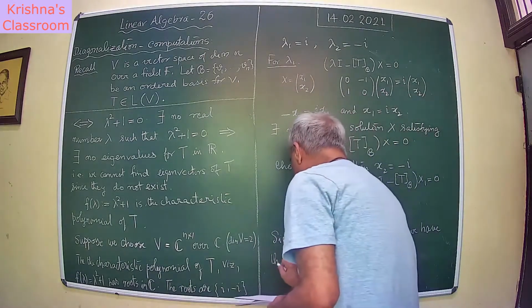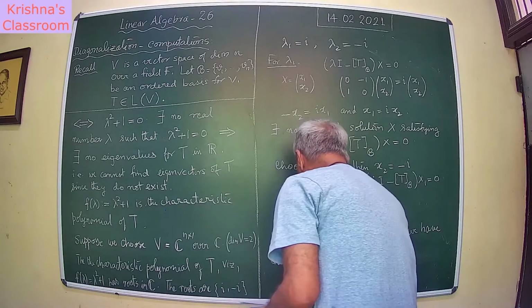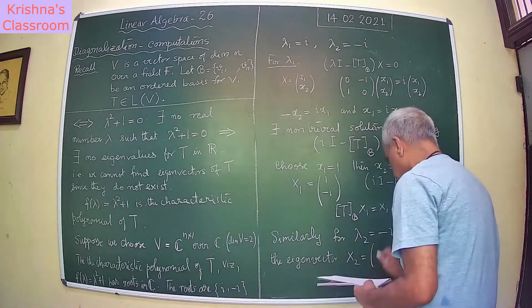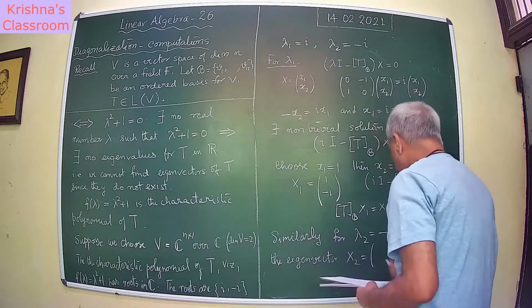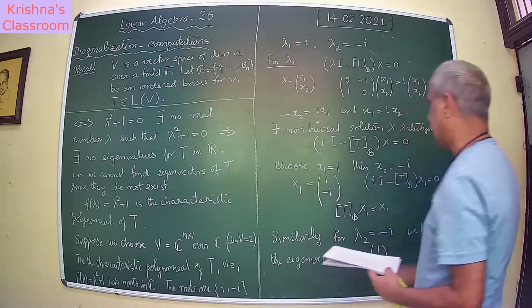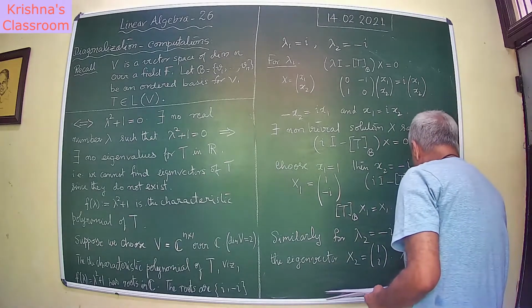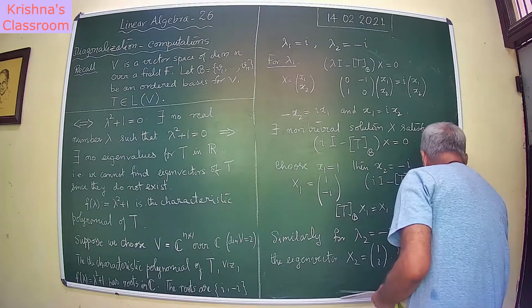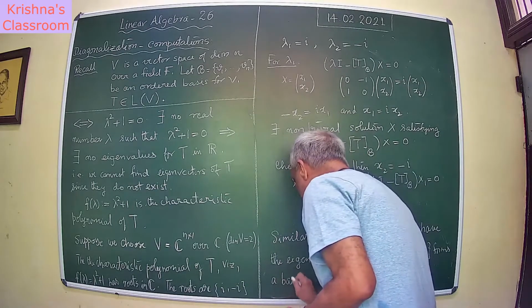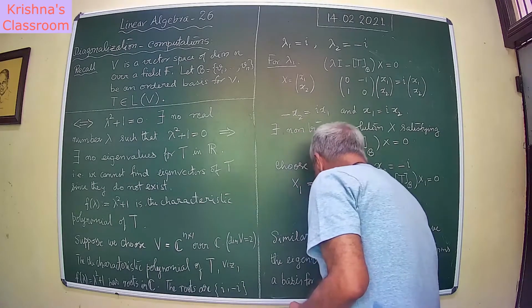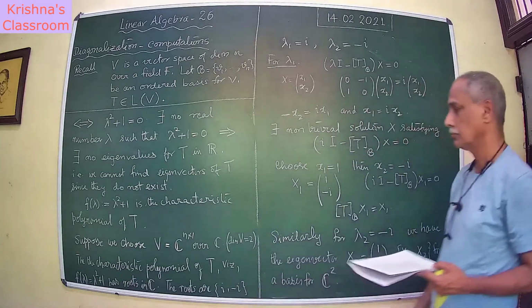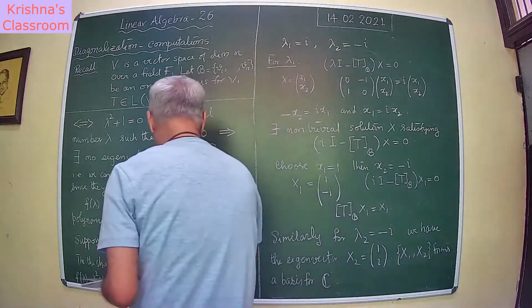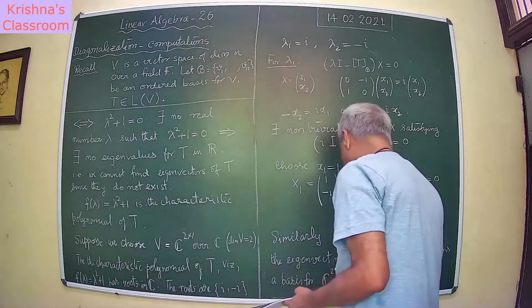the eigenvector equal to. You can easily check that, or C. So C2 cross 1.